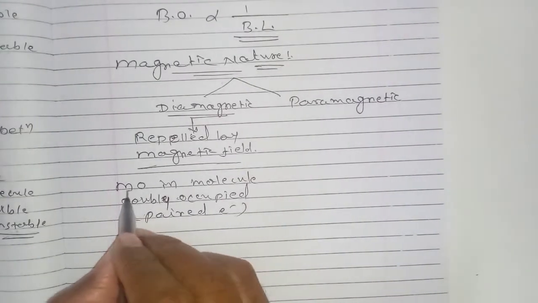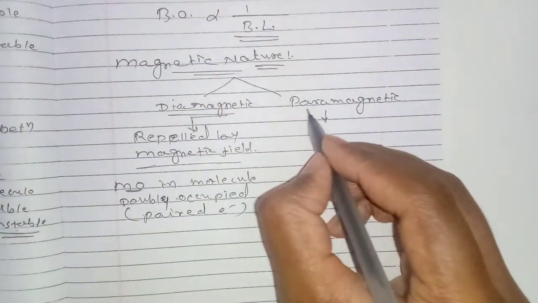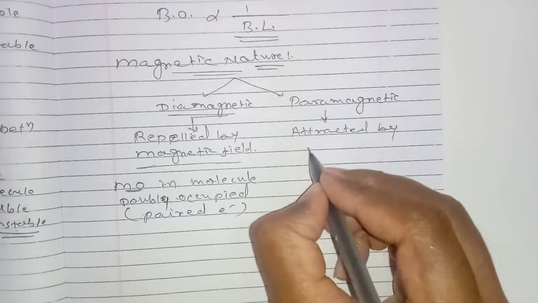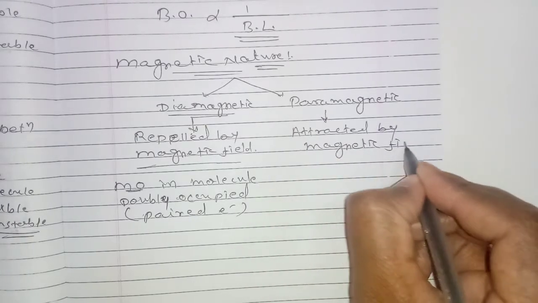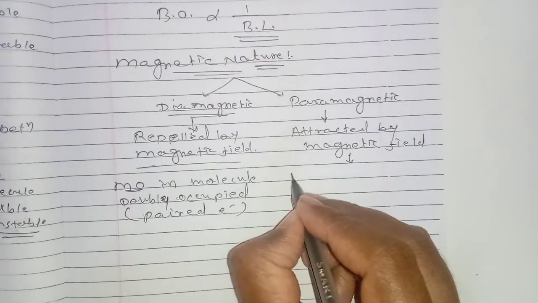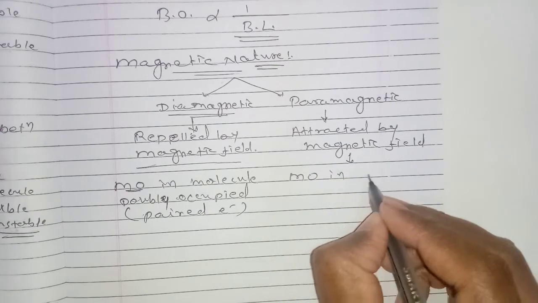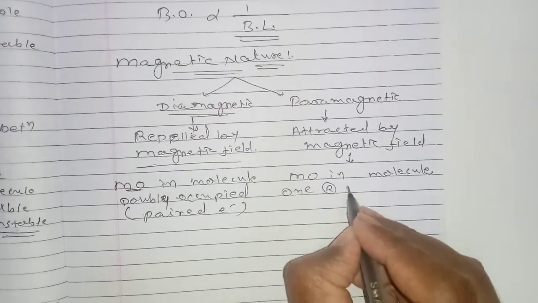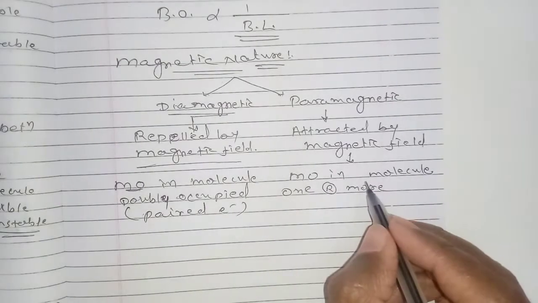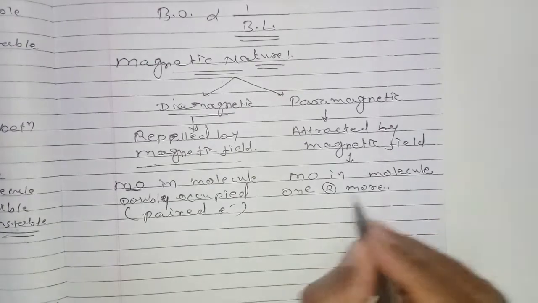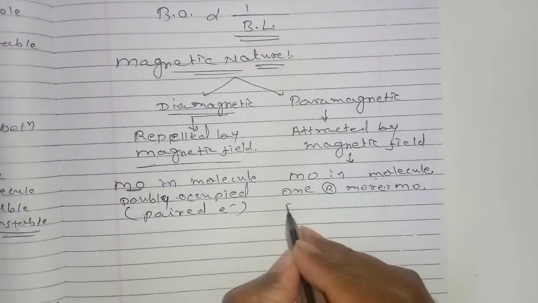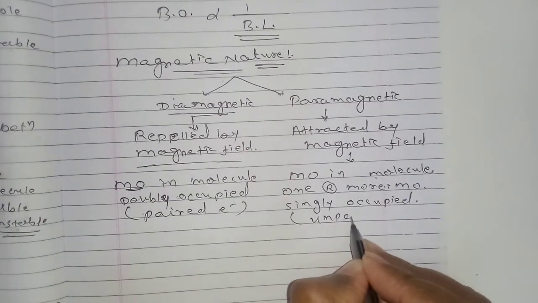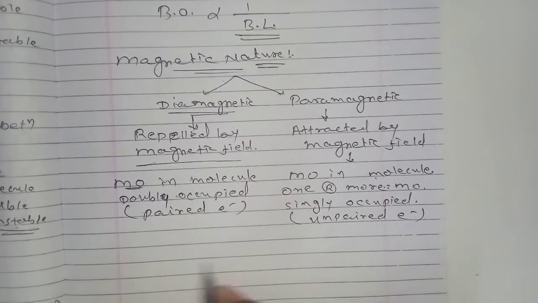Paramagnetic nature means attracted by a magnetic field: one or more molecular orbitals in the molecule are singly occupied, that means they have unpaired electrons.